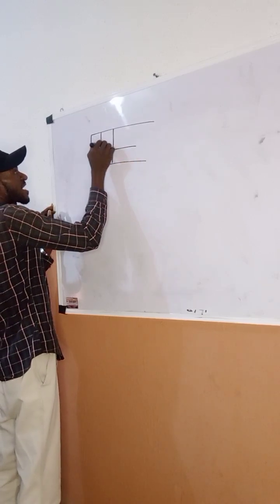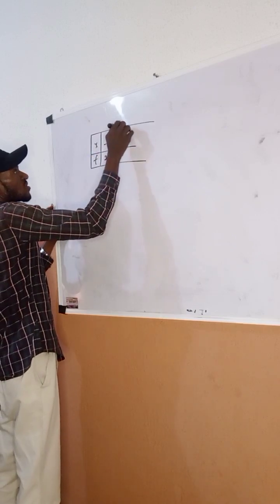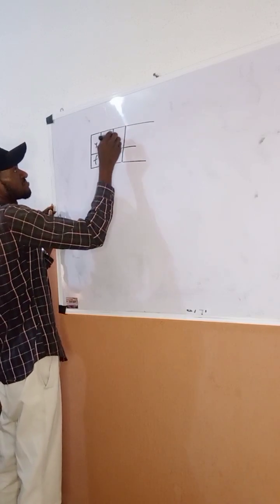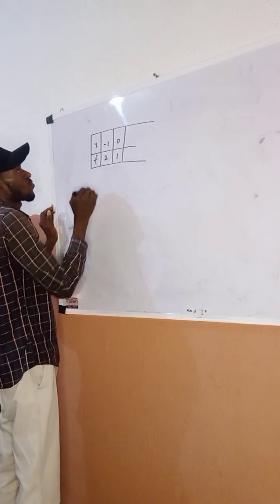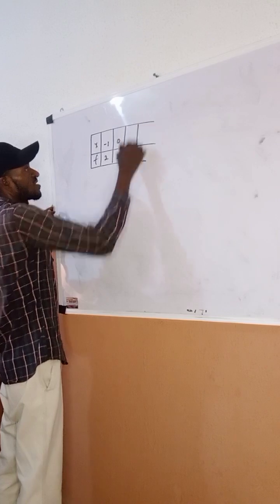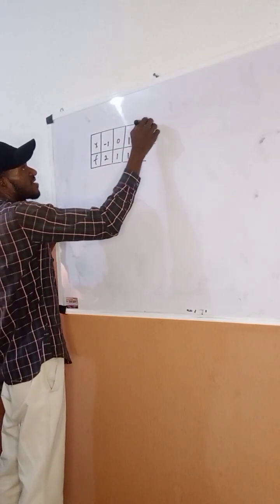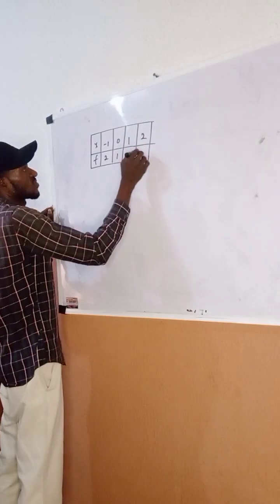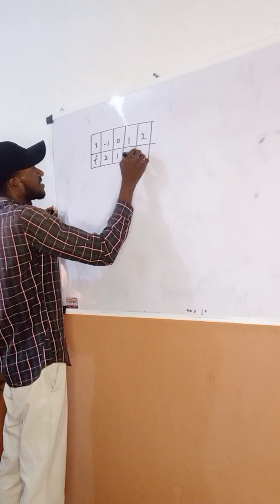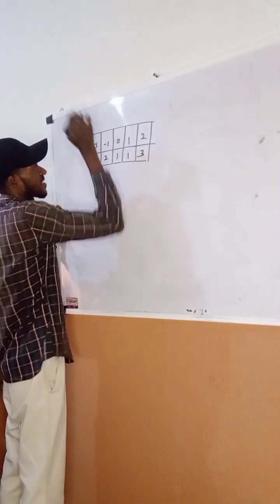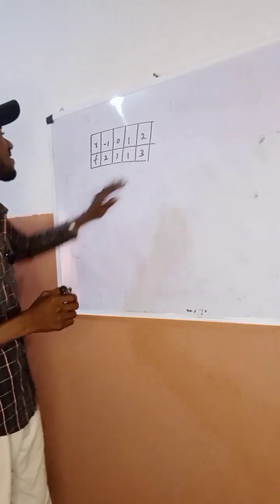Then I have minus 1, then I have 2, I have 0, I have 1, then I have 1, and I have 1. I have 2, and I have maybe 3. Let me say I have something of this kind. This is what I have.